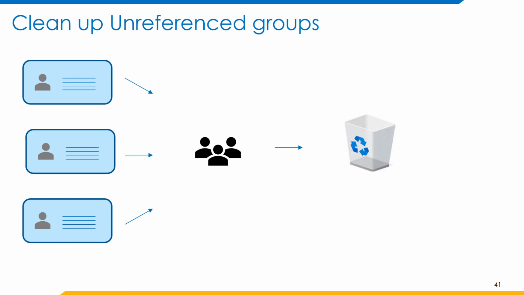As part of various changes that happen in IdentityIQ, it is always possible that we can have a few groups in which there are no identities at all. This option helps us clean up such unreferenced groups in IdentityIQ.